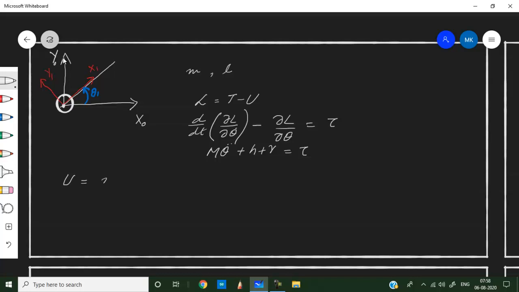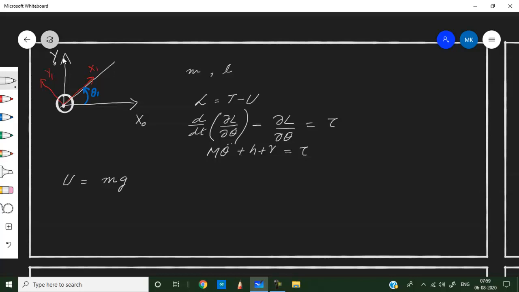Here m is the mass, g is the acceleration due to gravity, and for the height, if we take this as a lumped system, we can consider the mass to be concentrated at the center of mass, and let's assume this is a uniformly distributed, homogeneous link.